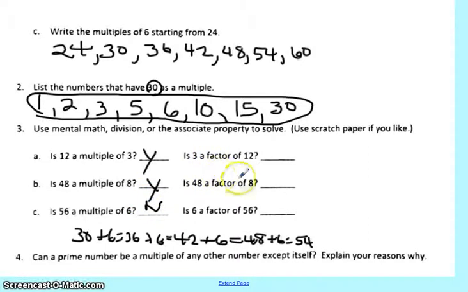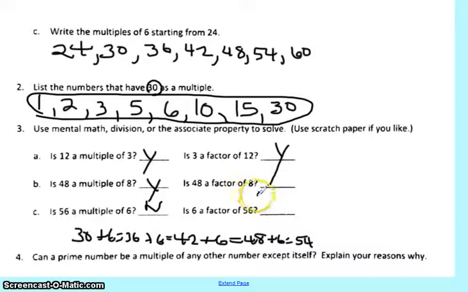Is 3 a factor of 12? Meaning, can we skip count by 3 and land on 12? 3, 6, 9, 12. Yes, of course it is. If 12 is a multiple of 3, then 3 is a factor of 12. Same thing here. If 48 is a multiple of 8, can we reverse that?